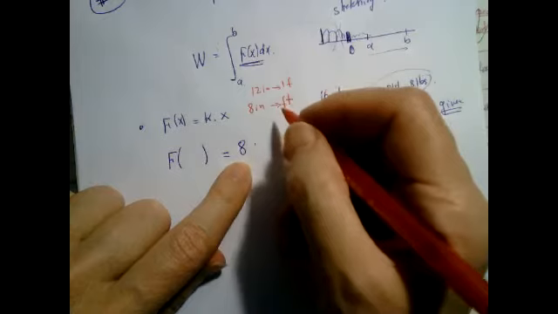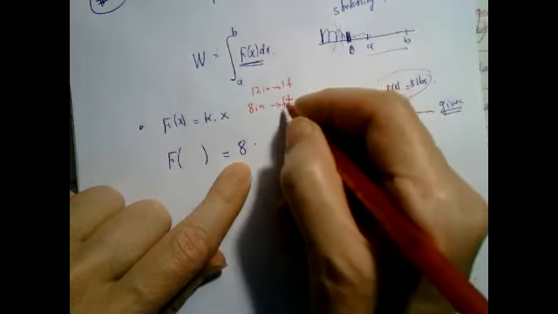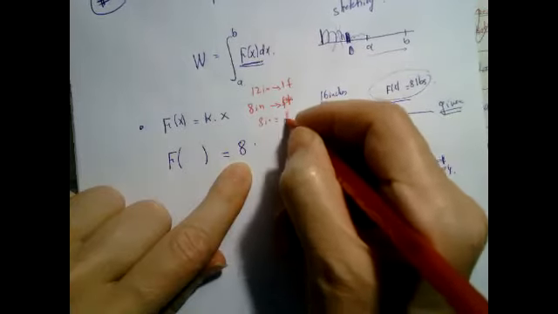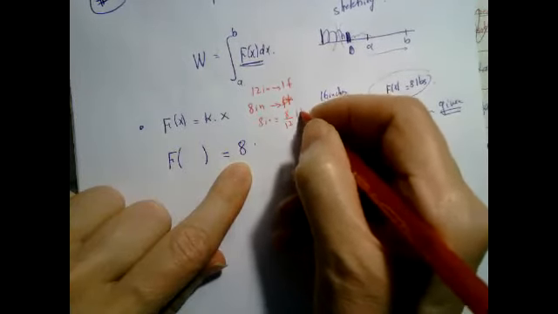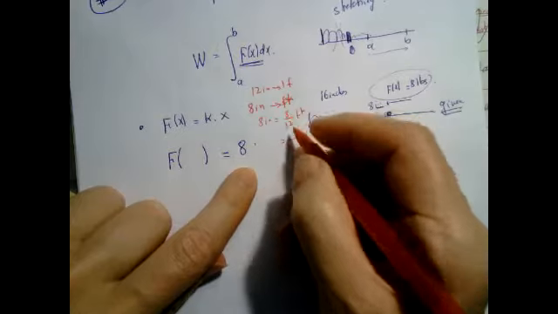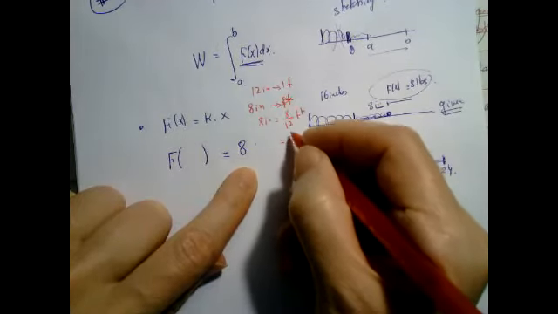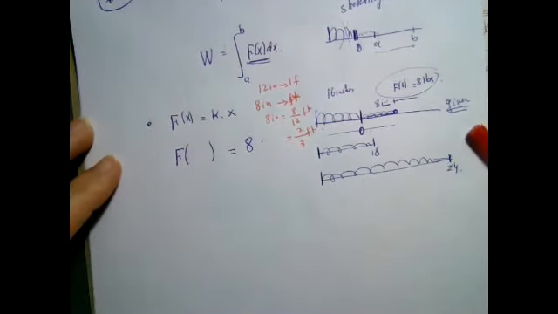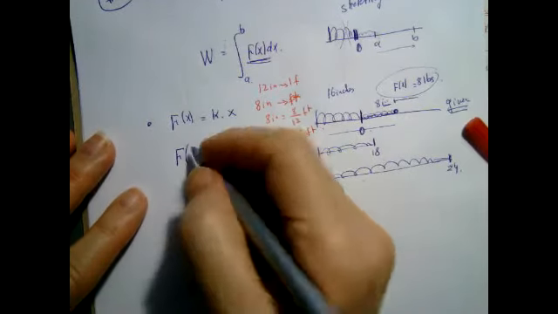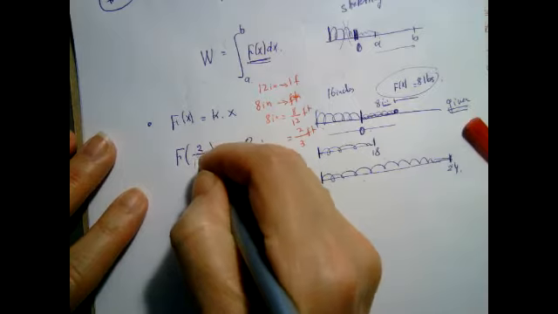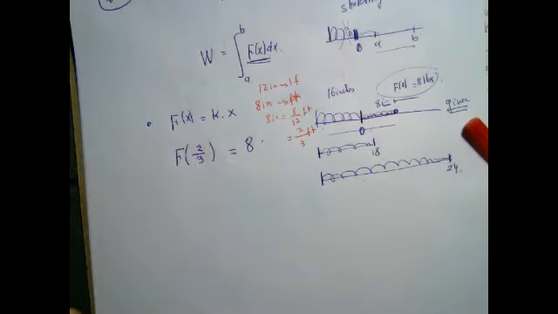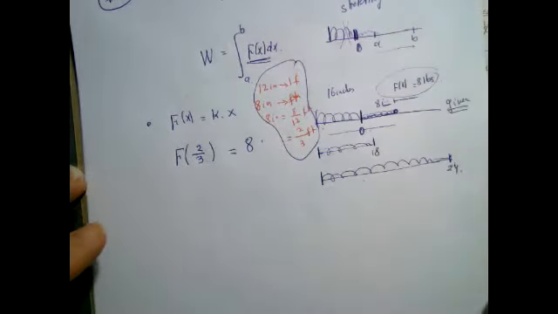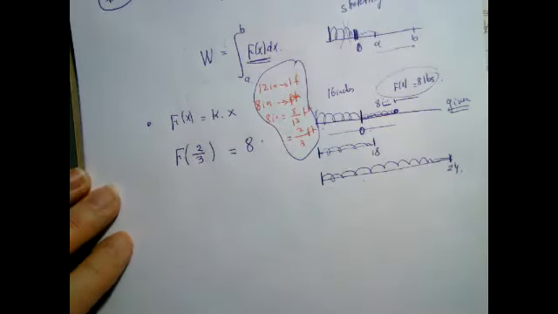It means 8 over 12, which is going to give me 2/3 of a foot. So this gives me that f of 2/3 is equal to 8. I just have to convert into feet to be able to do the problem.